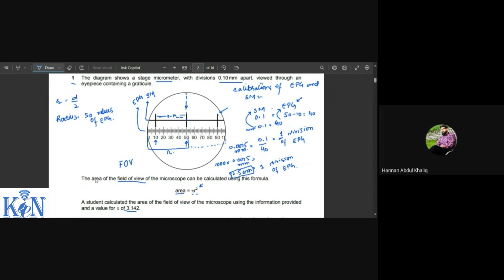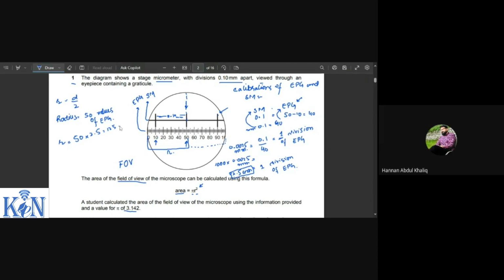So if you want to find out the radius, then each value, what did we decide? Each value is 2.5 micrometer. So if it is 50 values of EPG, and one division of EPG is equal to 2.5, then 50 values would be 2.5 into 50, which is 125. 50 into 2.5 is 125. This is your radius now.